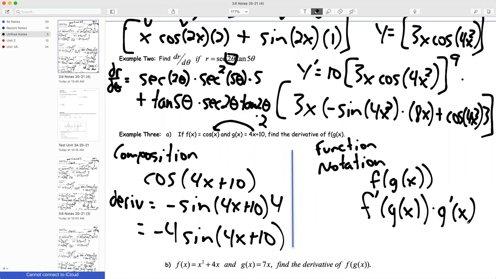So, for example, let's find f prime. F of x is equal to cosine of x, and so the derivative of cosine of x would be negative sine, but instead of putting x, I'm going to substitute in g of x, and then multiply by g prime of x, just following this notation here.